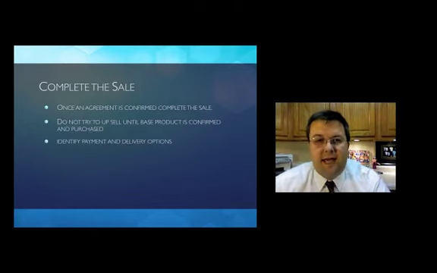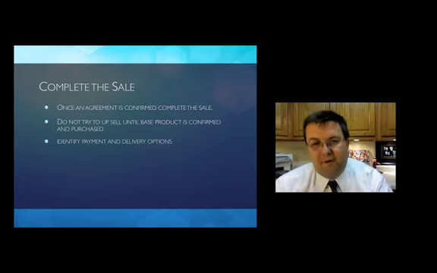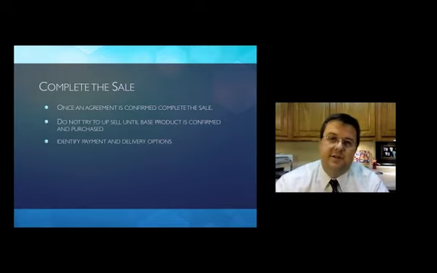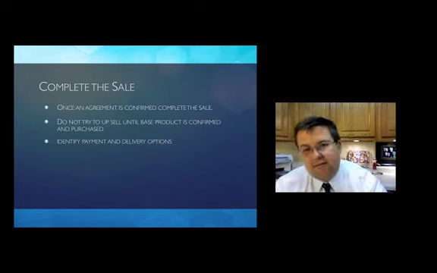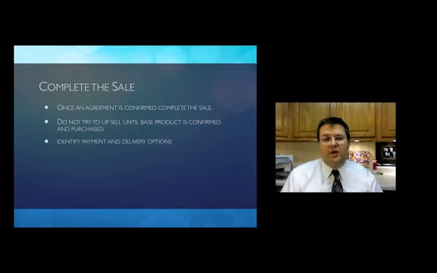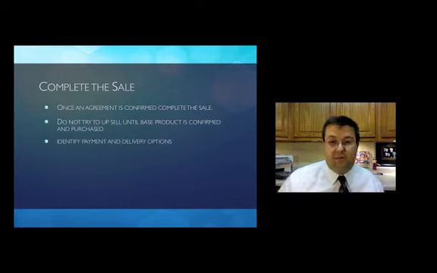Another mistake people make is they don't complete the sale properly. Once you get a yes, I would like product B, what you want to do is take product B, wrap it up, and say, okay, here's the price, here's the final, and complete that sale. A lot of times people start upselling. Do you need a printer? Do you need this?